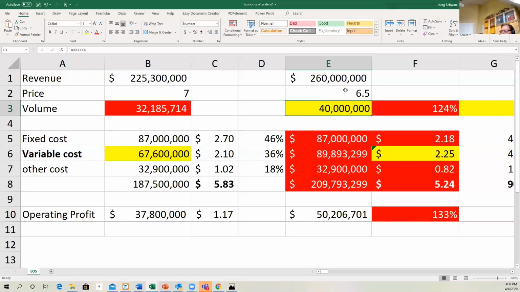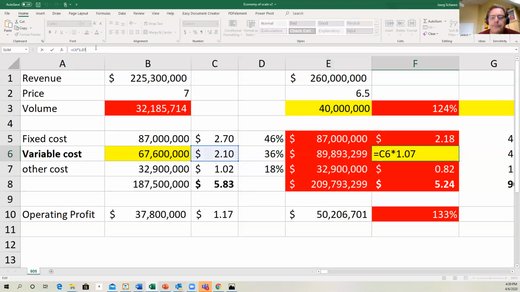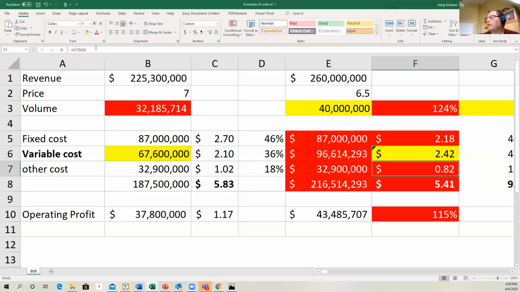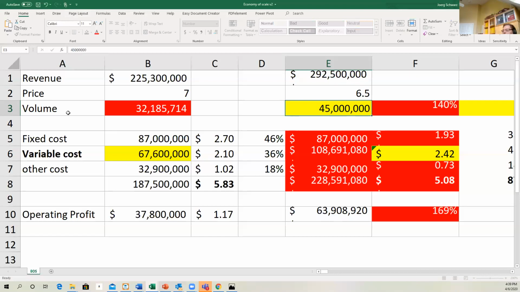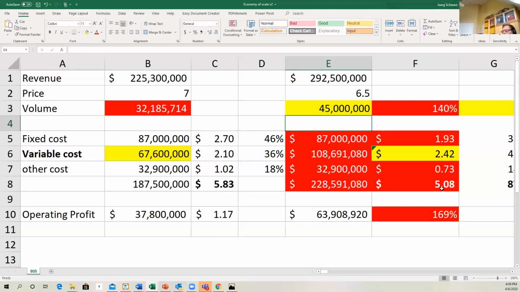For example, if we go to the combination with pots and the lower price, maybe I can get to 45 million units. And you see that now my price is down to $5.08 and my profit is up by 69%.